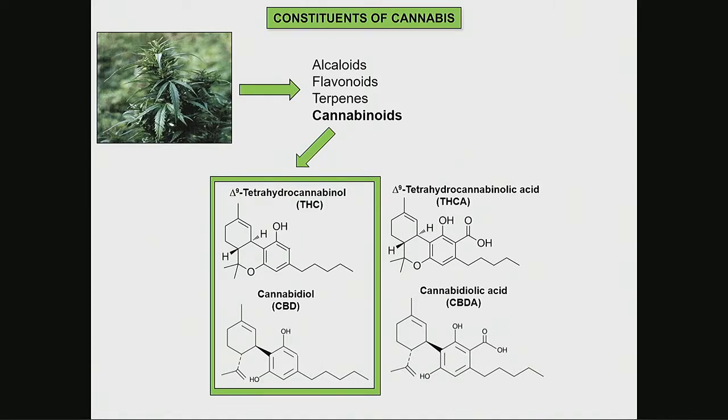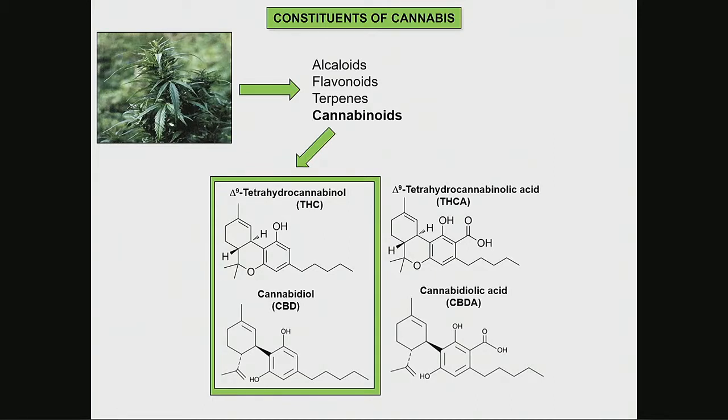If you compare these two molecules, the only difference is this group here. In chemistry, we call it a carboxylic group or acid group. In other words, in the plant, cannabinoids appear in an acid form. And in order to get the active compounds, either THC or CBD, and this applies to the rest of the members of the family, we have to get rid of this group.